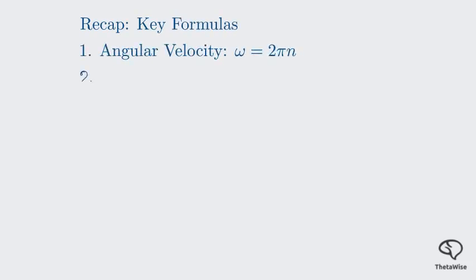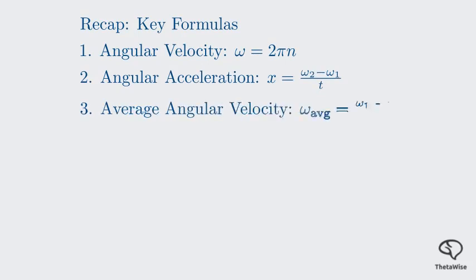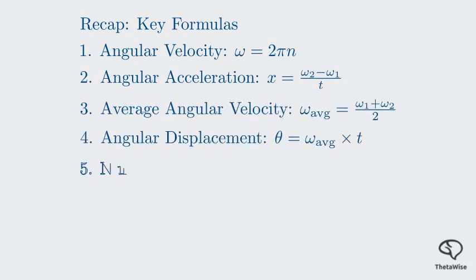Let's quickly recap what we've accomplished in this tutorial. We started by outlining the key formulas for circular motion: angular velocity, acceleration, displacement, and the number of revolutions. Understanding these relationships is fundamental. We then walked through 3 example problems step by step.